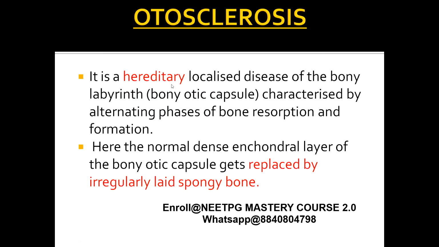It is a hereditary localized disease of bony labyrinth characterized by alternating phases of bone resorption and formation. So what is happening here? The normal dense endochondral layer of bony otic capsule is replaced by irregularly laid spongy bone.